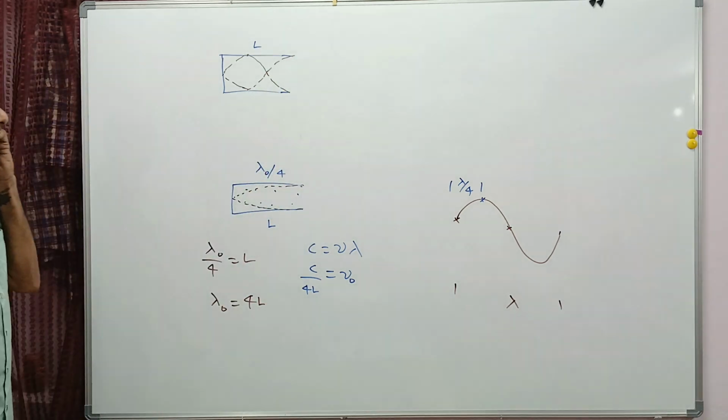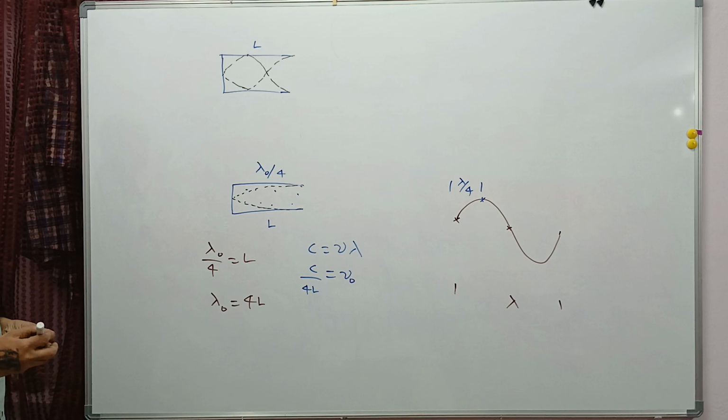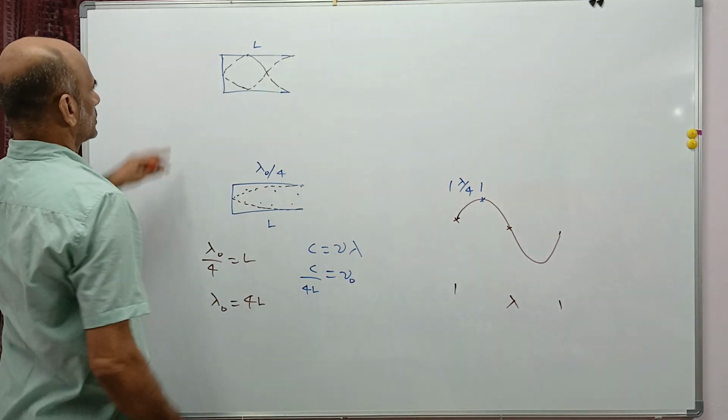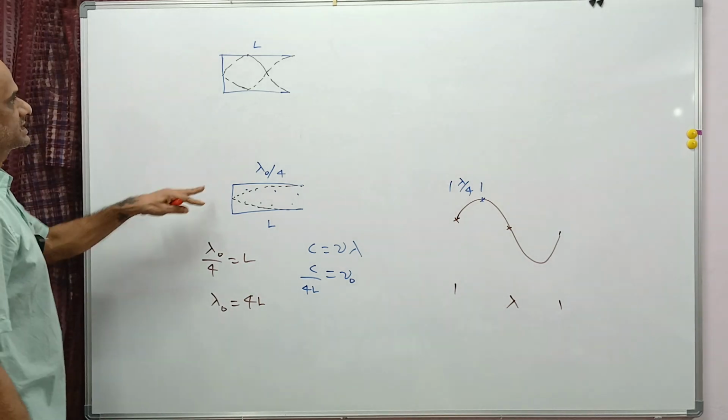The boundary condition for organ pipe which is closed at one end is, at the open end there should be antinode, and at the closed end there should be node. So the next higher frequency is this one.